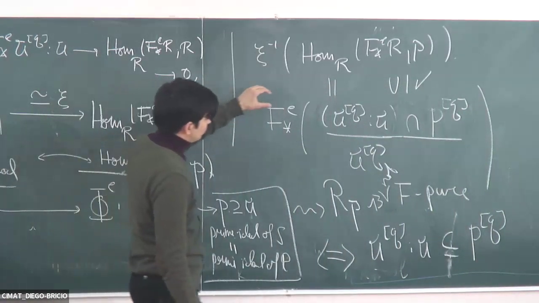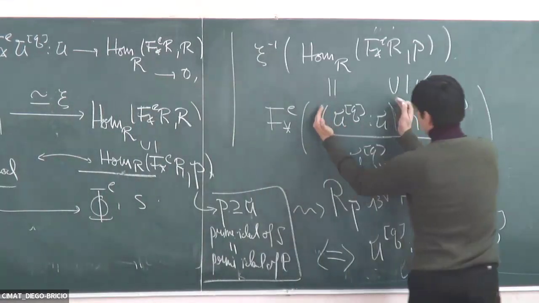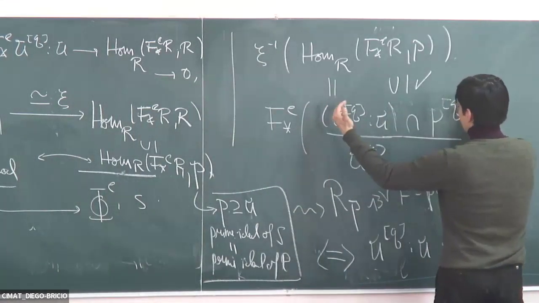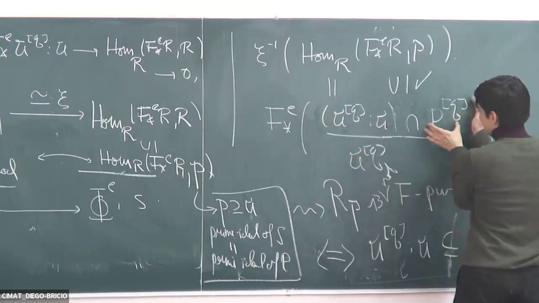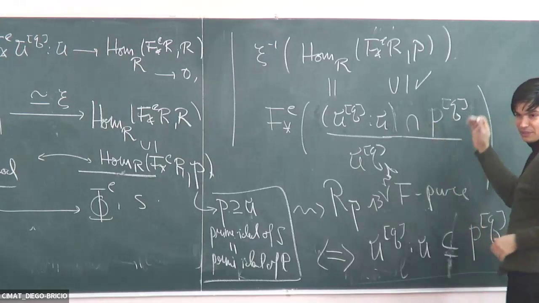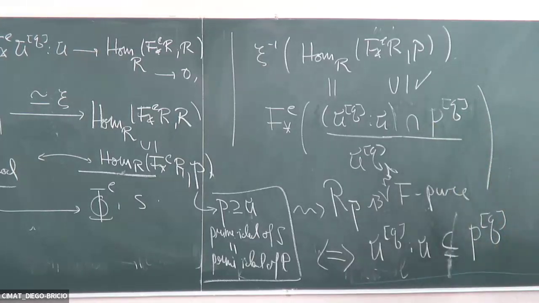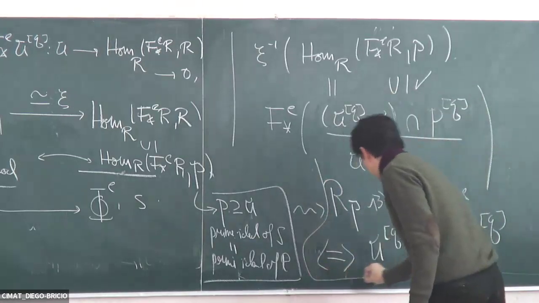But that would mean that the quotient between this ideal and this ideal is 0. But that just means that this is inside here. Okay, you have to do the whole chain reaction there. But there is not much science in it.